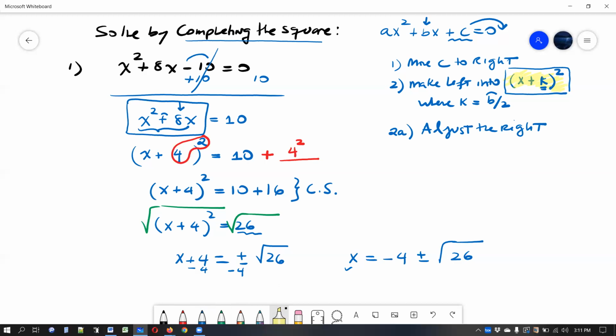So x, whatever the sign is, in this case it's plus, half of 8 squared, and then you do the adjustment, which is always plus whatever this number is, squared. And from here down, we apply the square root property as in the previous video. Okay, so that was the first example. Let's take a look at the second example.